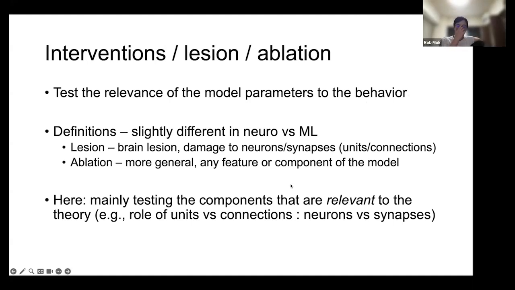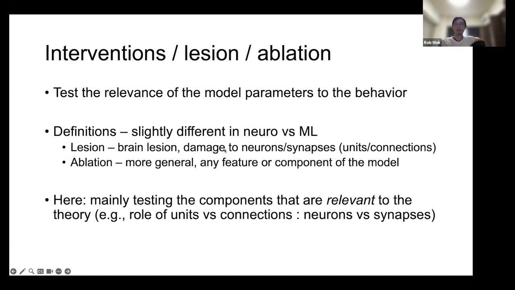Just briefly, I think it's probably clear to most people here, but we want to test the relevance of model parameters to the model. In machine learning, I've heard people talk about computational methods as something very general. But in neuroscience or neuro-AI, we're talking about something like a brain lesion.